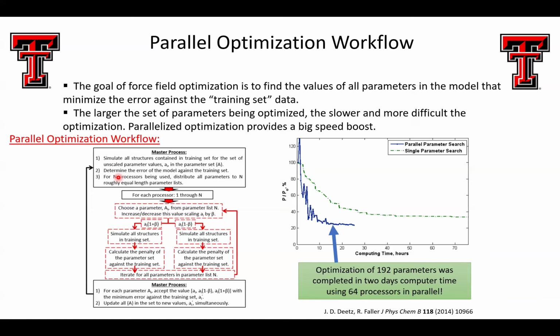At each step it sent 64 jobs into the queue to run on different machines, on different processors, got the data back, and did the next 64, and the next 64. At that point, it analyzed all of them and generated the next step. So this is what's happening in this case.